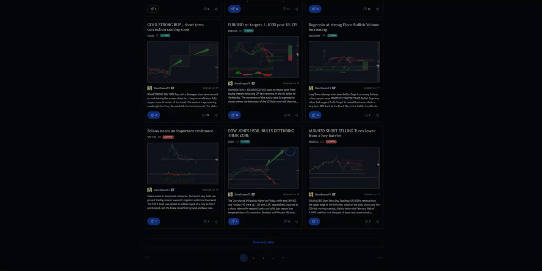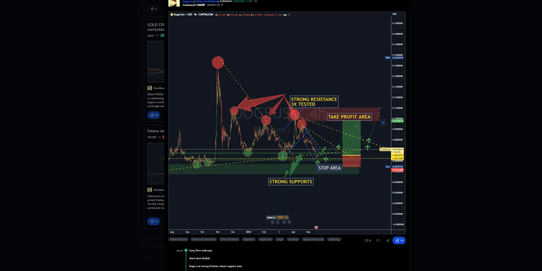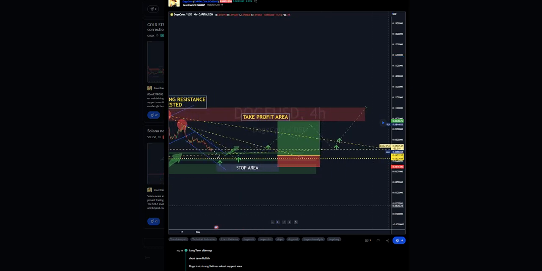So we go then to Dogecoin. Again, I zoom.